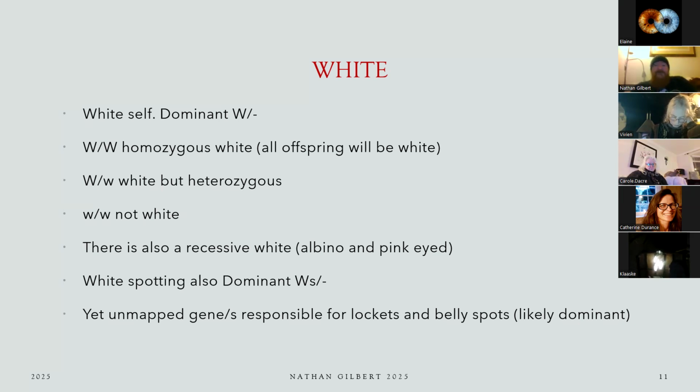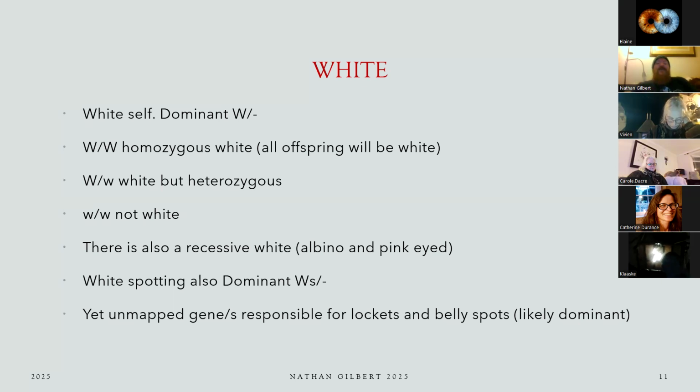Then I wanted to move on to lockets and belly spots. We haven't yet mapped it. We don't know. There may be more than one gene responsible for lockets and belly spots. Certainly one of the genes appears to be dominant because of what we've seen. So if you remember on the first slide, we had the black moggy with the big white locket in the middle.